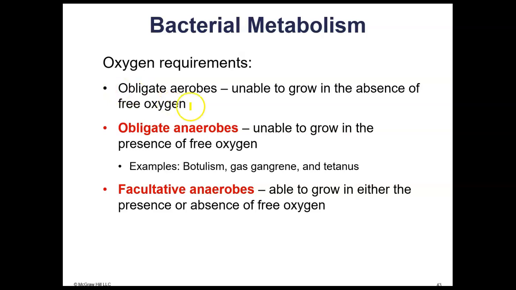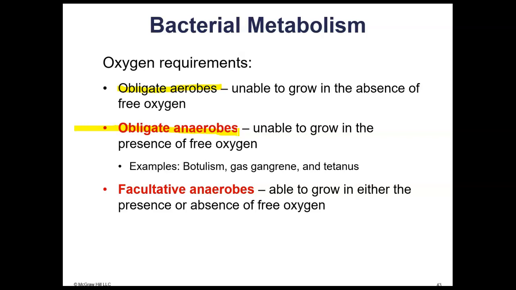They're obligated to grow in the presence of oxygen. So if they're obligate aerobes, they must have oxygen. We are obligate aerobes. If they are obligate anaerobes, they can't grow in the presence of oxygen. So if oxygen is present, they die.